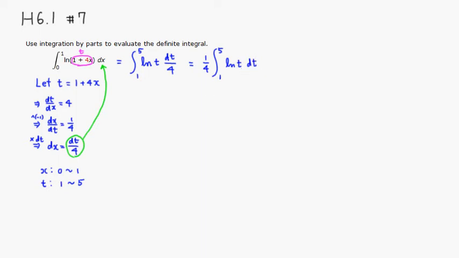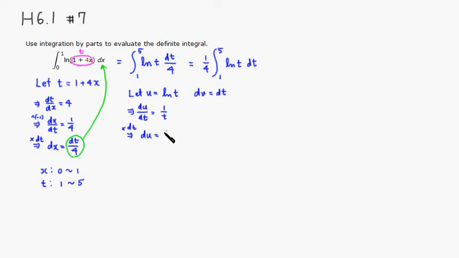Let's use integration by parts. So we're going to let u be natural log of t, and dv be everything else. In this case, there's only dt left over. Then take the derivative of u with respect to t, which gives you 1 over t. Multiply both sides by dt so that we can find du.